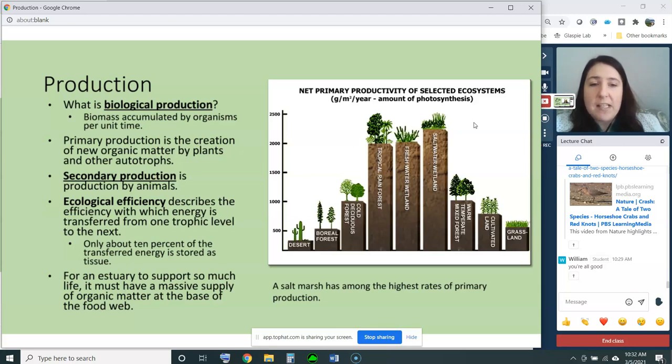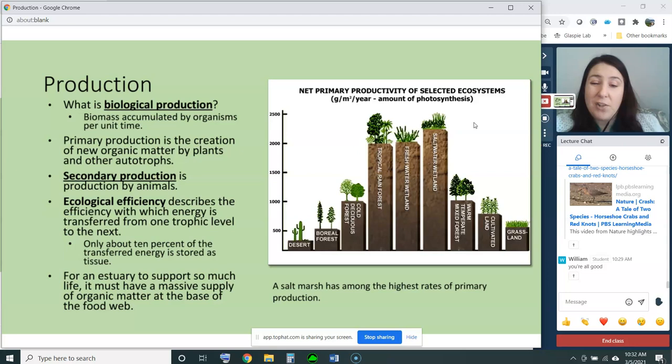Ecological efficiency is a concept that you're probably quite familiar with, and it describes the efficiency with which energy is transferred from one trophic level to the next. And this is important because it takes a lot of energy to create 1 gram of animal tissue. Only about 10% of the transferred energy is stored as tissue. And so organisms have to eat a whole lot of plants to be able to put on mass.